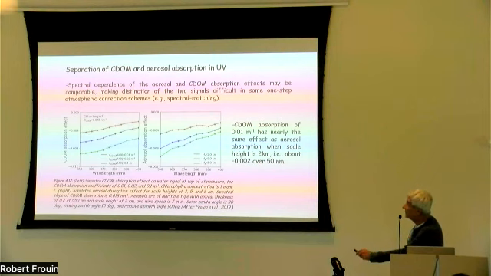And finally, the separation of CDOM and aerosol absorption in the UV. These are some examples of the CDOM absorption effect at the top of the atmosphere for some different chlorophyll, for some CDOM slope of the absorption coefficient, and some geometry.